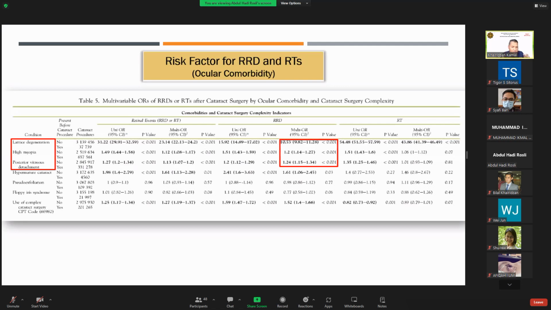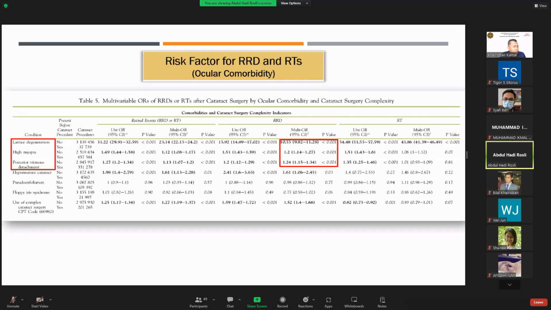I think the discrepancy is because of the progression and the nature of the PVD itself. But this is important, because if the patient has weakening or signs of weakening, let's say lattice degeneration, or white without pressure, all that kind of weakening of the retina, especially the periphery, they do have a high risk of developing RRD.